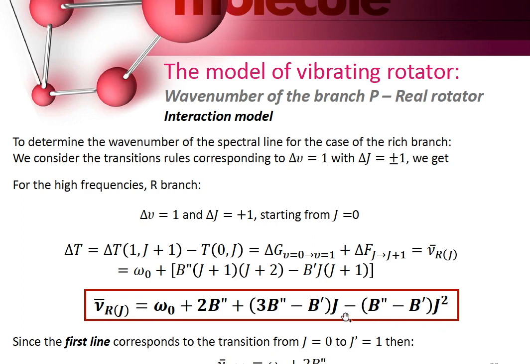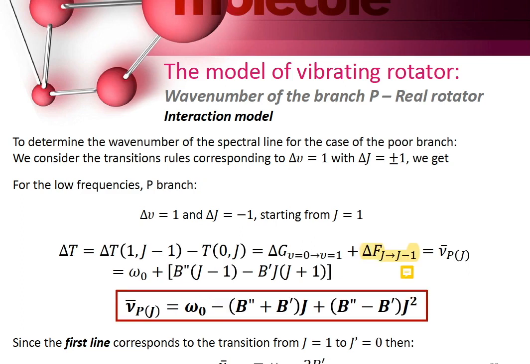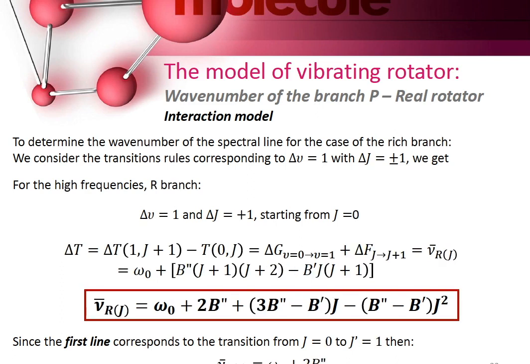So if you put J equals 0 here, you will notice that it's omega 0 plus 2b second. So again, for the first approximation, that was omega 0 plus 2b. So now we have omega 0 minus 2b prime on the left side and omega 0 plus 2b second on the right side of the gap for the first lines.